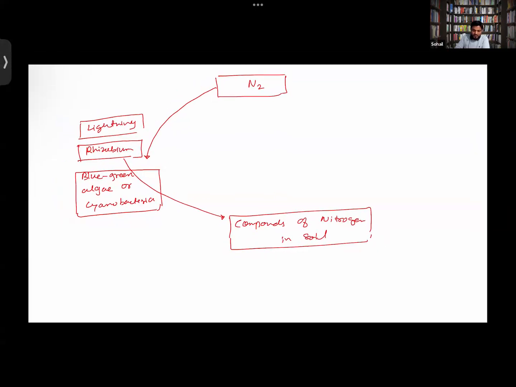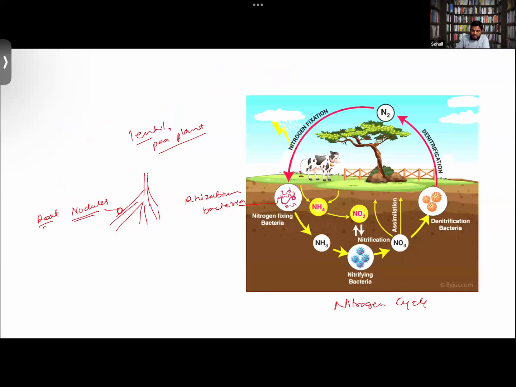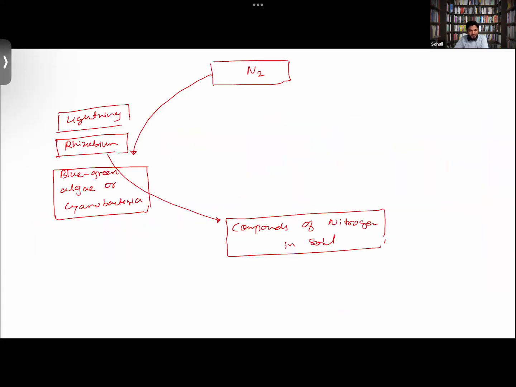What compounds have we studied? The compounds are ammonia, nitrates, nitrites, like that. So we are talking about all of these. Further, you will see that it will be taken up by the plants.